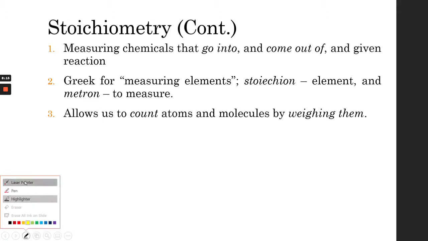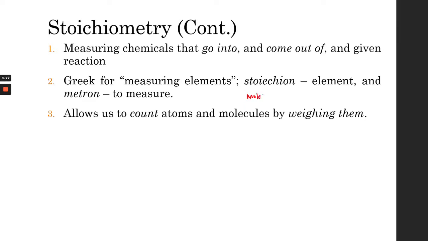Let me just write that. So we should know by now that to measure moles, we usually have to have the mass, usually in grams, of the element or substance, and we have to divide it by molar mass.